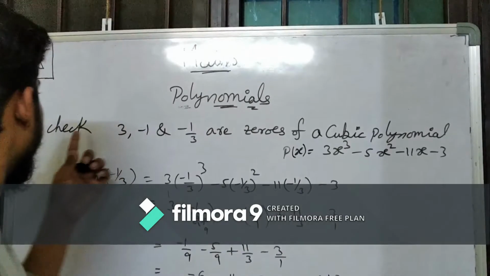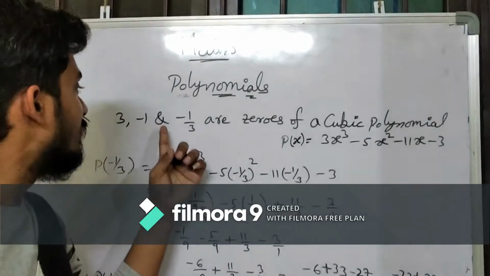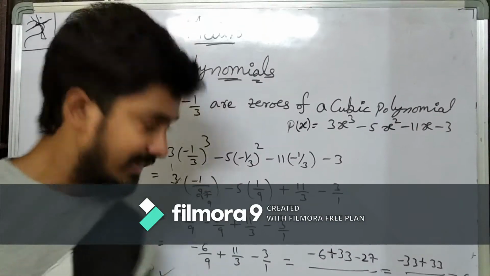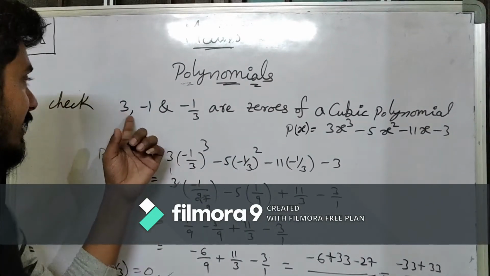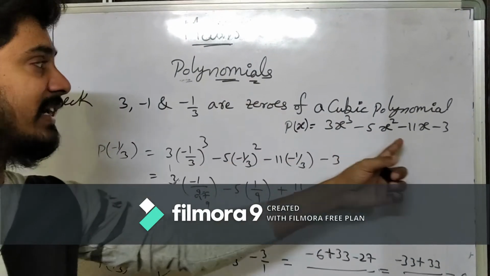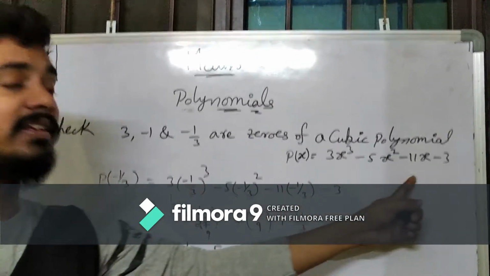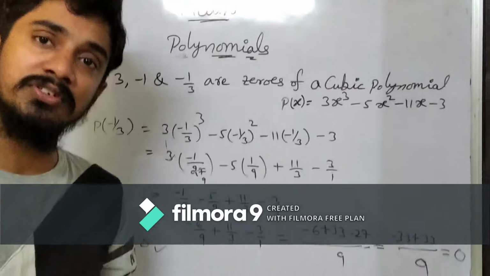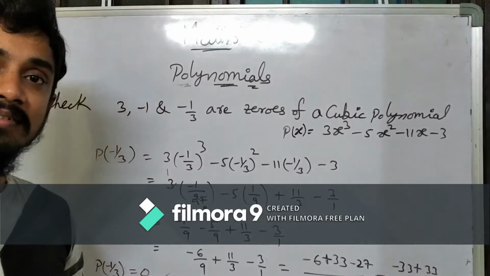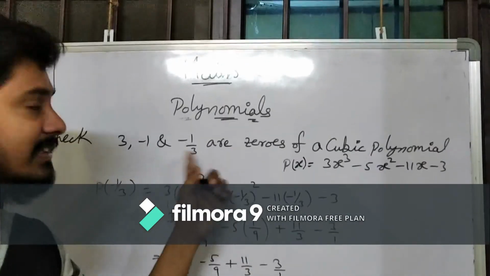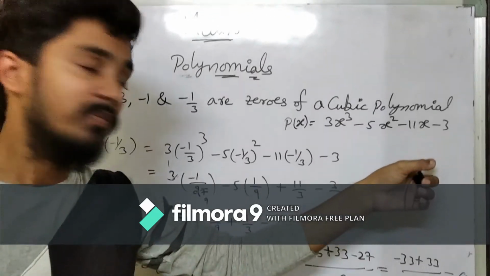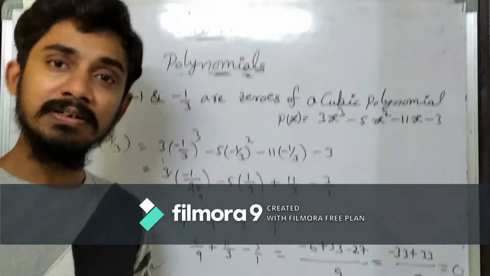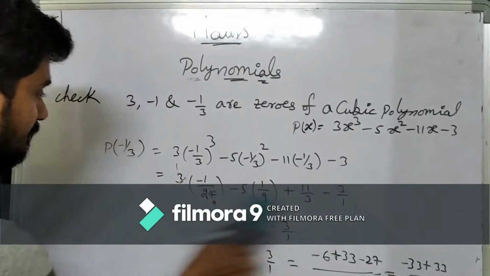This one was to verify whether 3, minus 1 and minus 1 by 3 are zeros of the given cubic polynomial. These three are verified: P of 3 equals 0, P of minus 1 equals 0, and P of minus 1 by 3 equals 0. So these three values are zeros of the given cubic polynomial P of x. Next one.